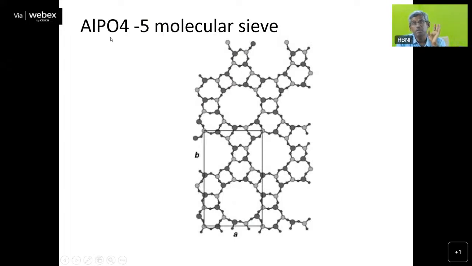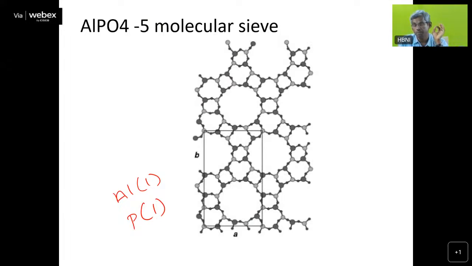Believe me, this aluminum phosphate has only one type of aluminum and only one type of phosphorus. Crystallographically, there is only one aluminum site and one phosphorus site. There are no multiple phosphorus environments and no multiple aluminum environments.